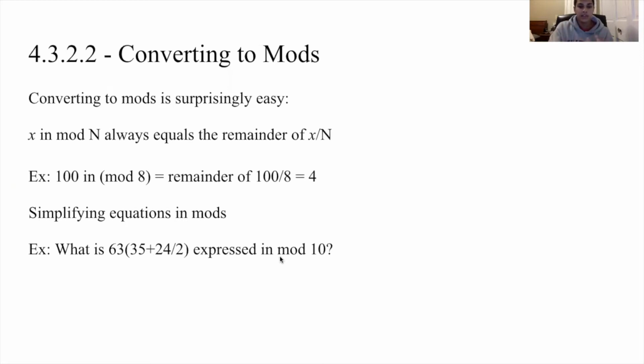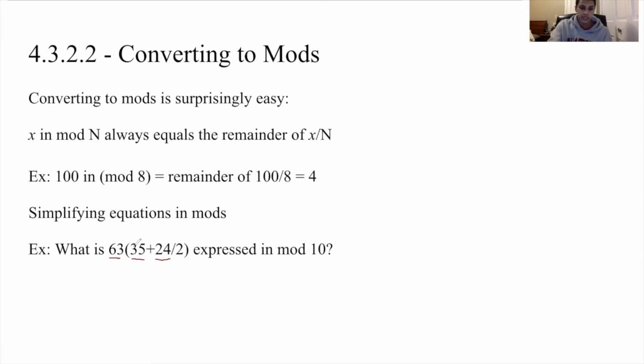But because of this rule, where x in mod n is always equal to the remainder of x over n, we can actually immediately simplify this equation. So we can simplify each number individually. So since this is in mod 10 and we have the numbers 63, 35, and 24, which don't exist in mod 10, we can simplify all of those numbers in the equation.